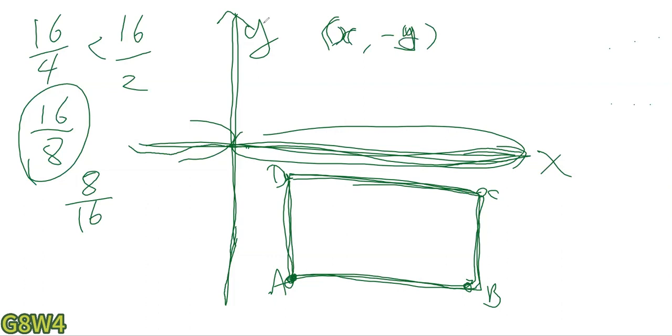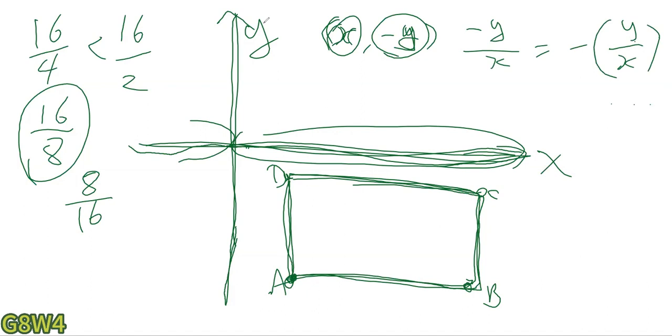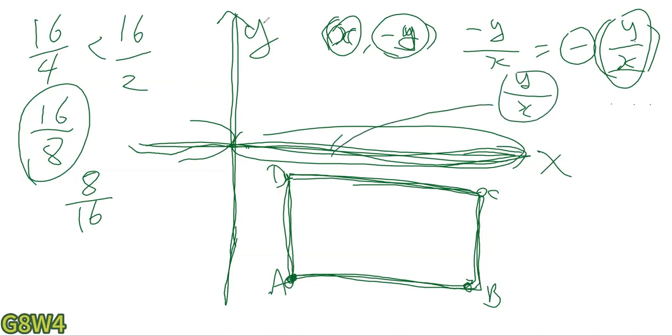So then we know that the y coordinate is negative and the x coordinate is positive. So then we get negative y divided by x, which equals negative y over x. Which means that since we have the negative sign, the larger y over x is, the smaller the number is, because it's negative. Which means that we want to maximize this value. So we want y to be as large as possible and x to be as small as possible. So this is what we want over here.